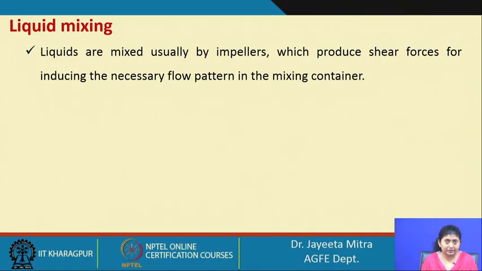Now, for the liquid mixing we use the impellers. Okay. So, the impellers are mounted on a central shaft, or centrally mounted impellers are there in the tank or barrel where the liquid is kept. So, these are the liquid mixing.